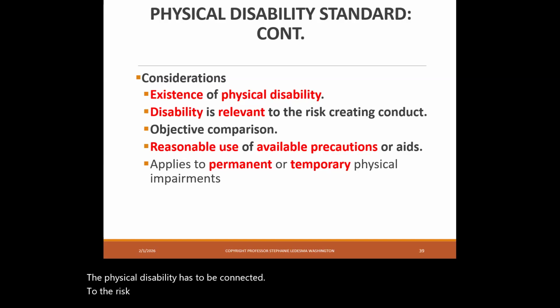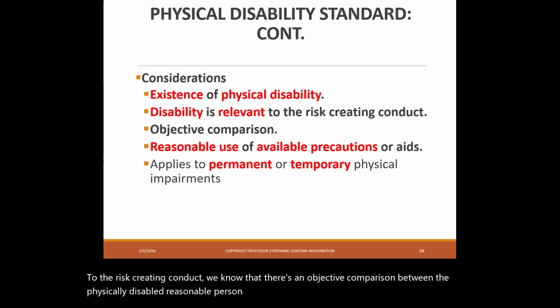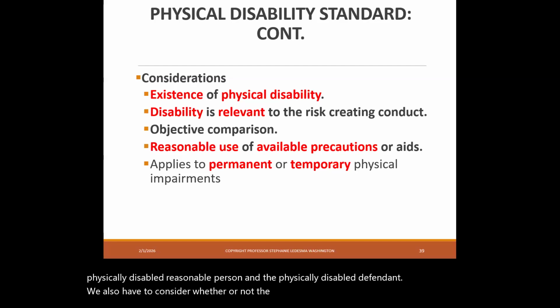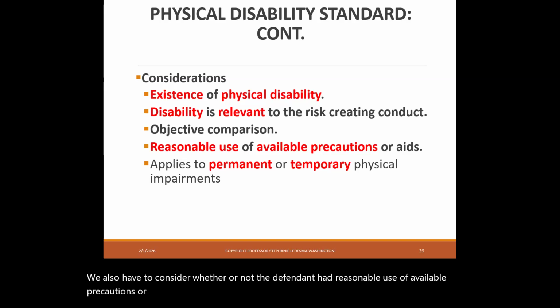We know that there's an objective comparison between the physically disabled reasonable person and the physically disabled defendant. We also have to consider whether or not the defendant had reasonable use of available precautions or aids, and whether or not they used those precautions or aids.